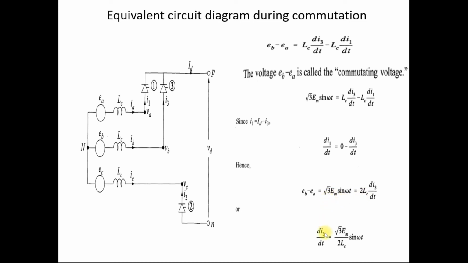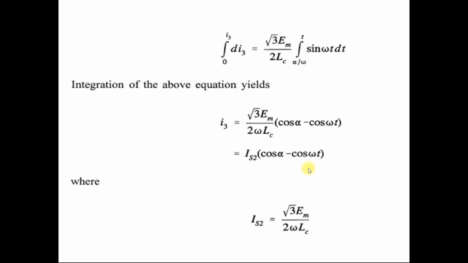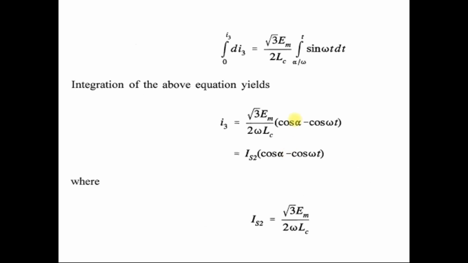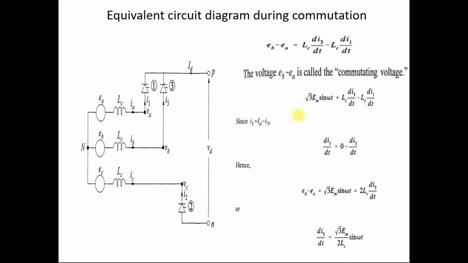Here we want to find the current I3, so for that we take the integration of this equation. Integration from 0 to I3 of di3 equals root 3 EM divided by 2 LC, which is constant, times the integration of sin omega t from alpha divided by omega to t. Why do we take alpha divided by omega?